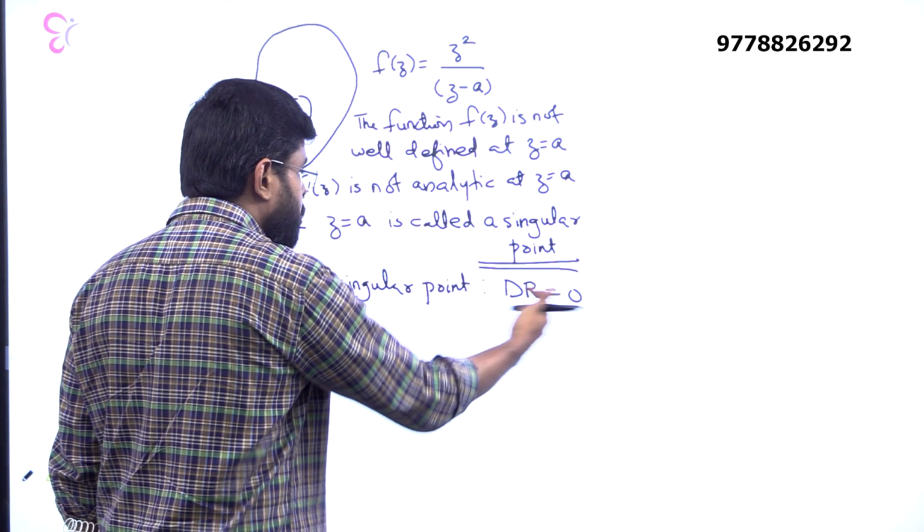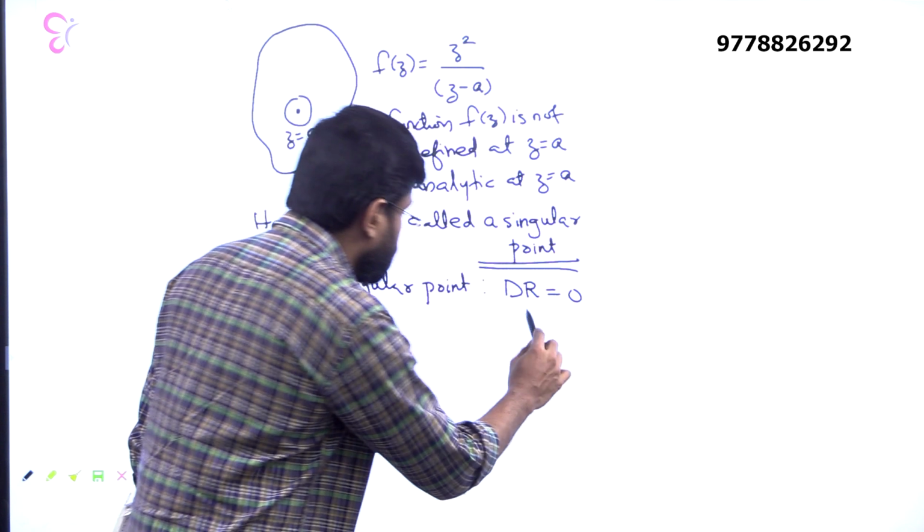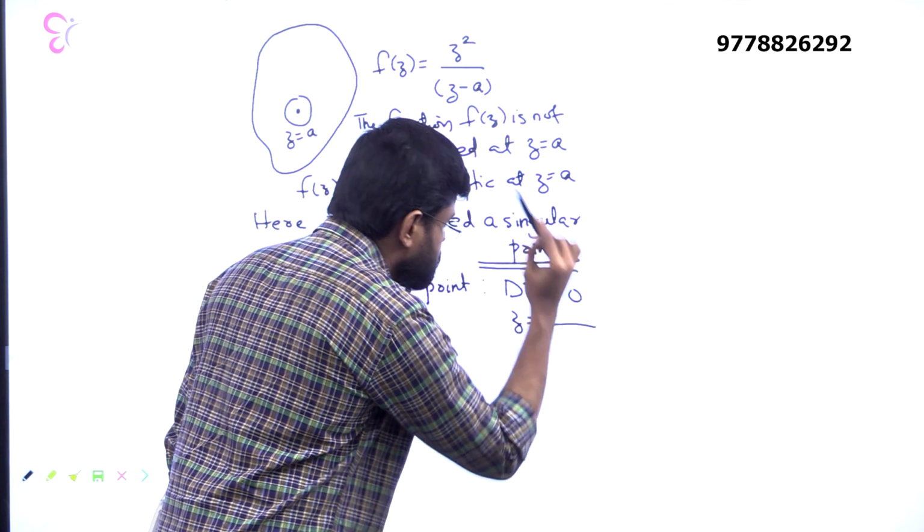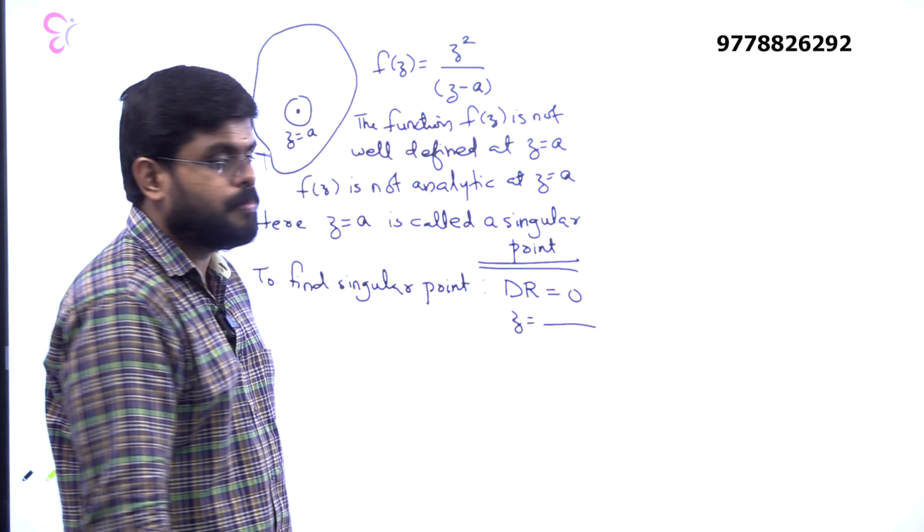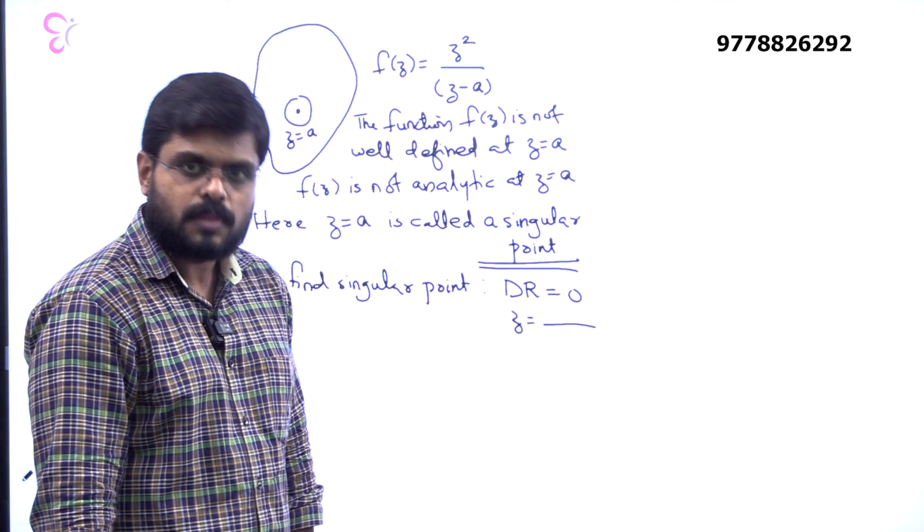So when you substitute denominator equal to 0, you will get z equal to some point, and that point will be the singular point. Clear?